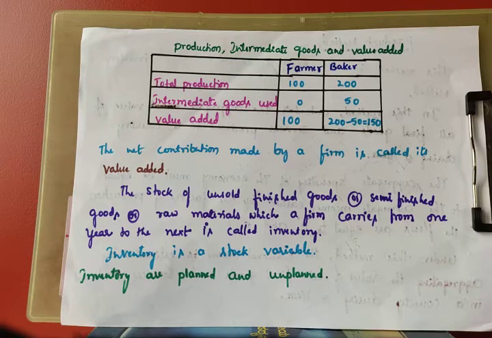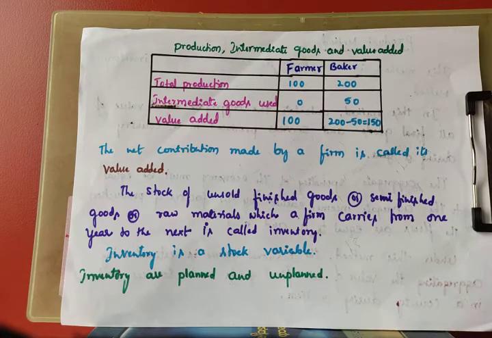Here we should discuss the meaning of gross and net, because further we will discuss many aggregates, many indicators of national income, and in those gross and net will come. Gross means the value of product including depreciation. Don't forget, simple.